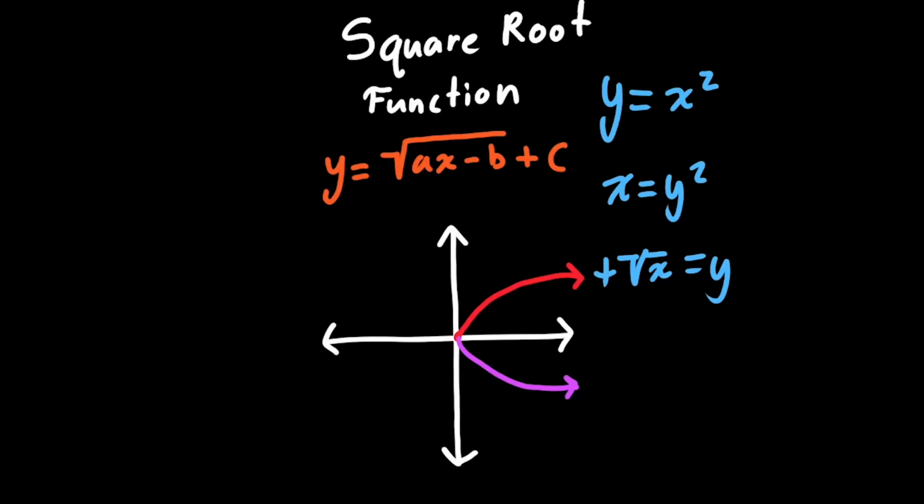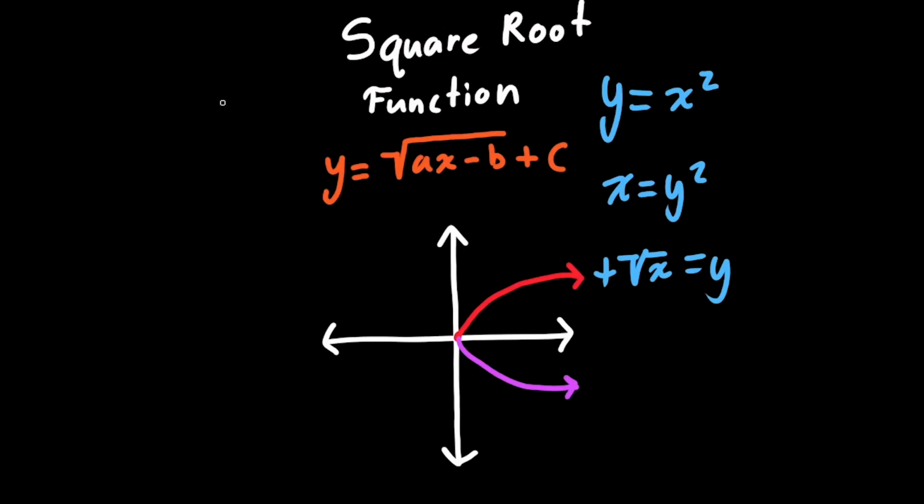Over here, you have some variables that are very similar to the quadratic, in which you can change how tall or narrow the square root function is with the a value, the location of the point with the b value, and the location of the point along the y-axis with the c value.